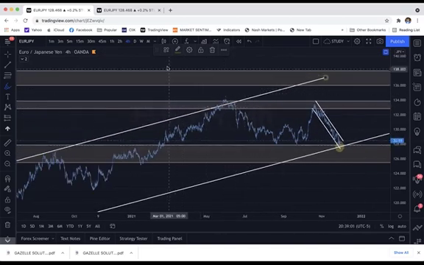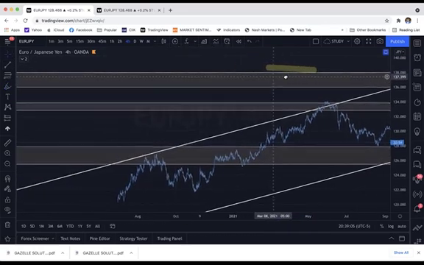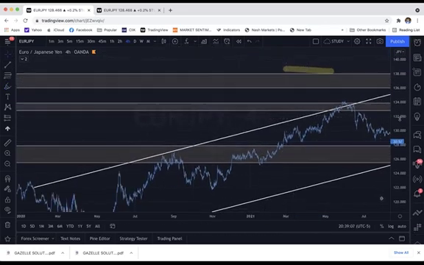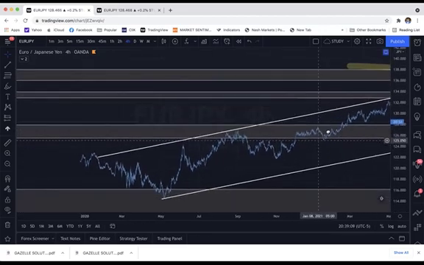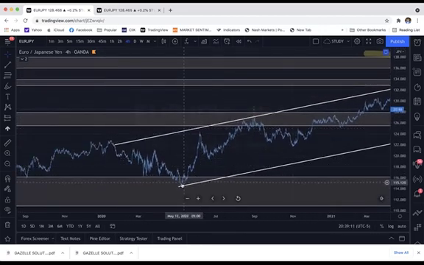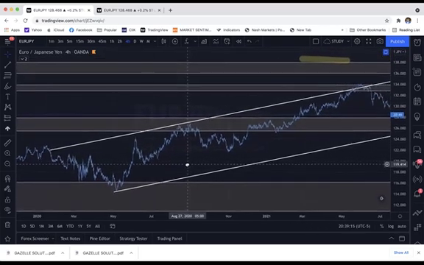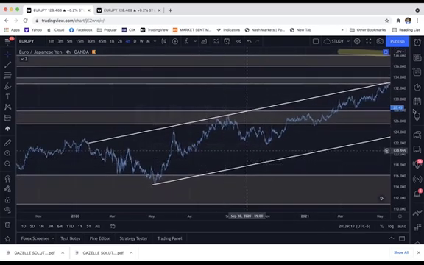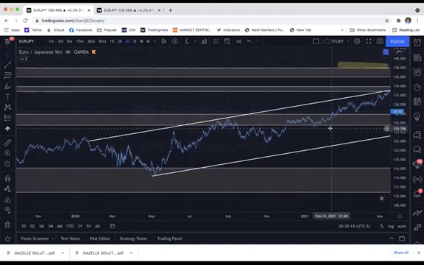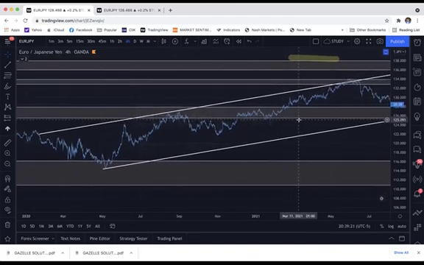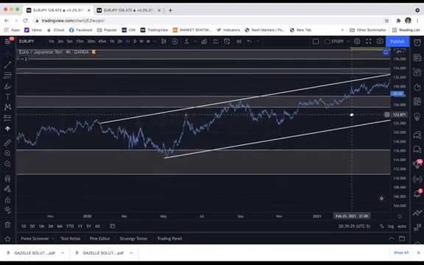And as you can see, the last time they came together, hold on, let me take this off. Look at the last time they came together. This is the last time all three of them came together. Look how far it ran without reversing. Y'all see that? It ran and ran and ran.